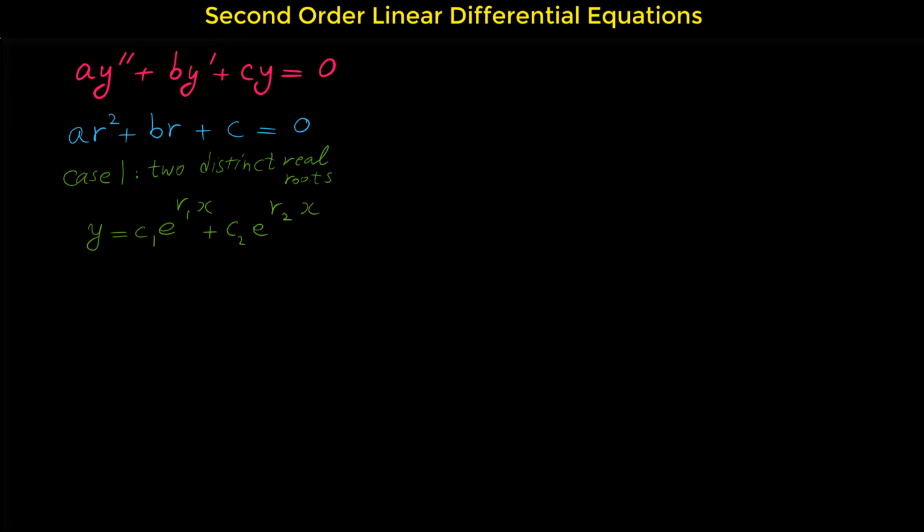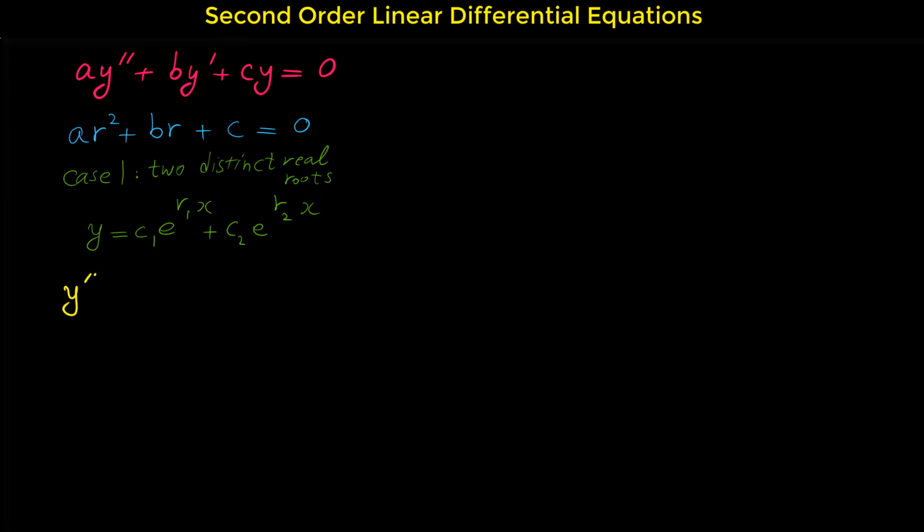Note that in this formula, c1 is a constant, c2 is a constant, and r1 and r2 are the two distinct real roots that we get from solving this quadratic equation. Let me show you an example of this case before we go to the next case.